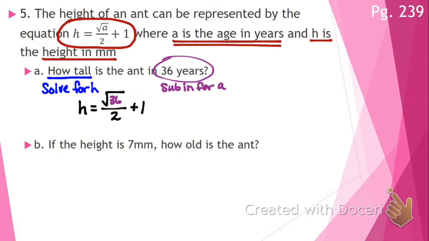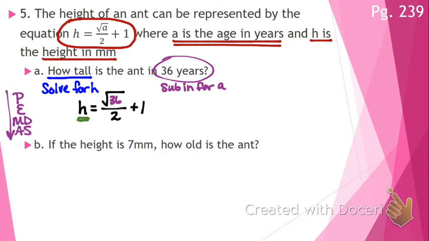So now I am solving for h, but notice h is all by itself over here already. So I'm going to use order of operations, but I'm going from the top down. This is already solved for h, so I just need to stick things in my calculator. So up in that numerator, square root of 36.